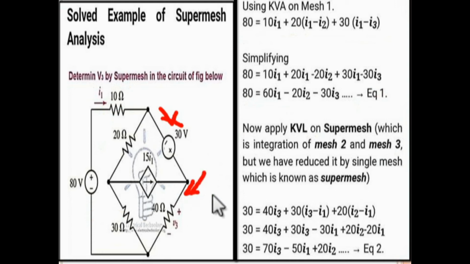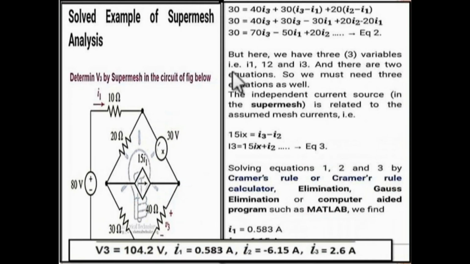Then come this side, plus 40 into I3, and plus 30 into I3 minus I1, and plus 20 into I2 minus I1. So this will be the combined equation of meshes 2 and 3. By simplifying it, you can write 30 equal to 70I3 minus 50I1 plus 20I2. This is the second equation.